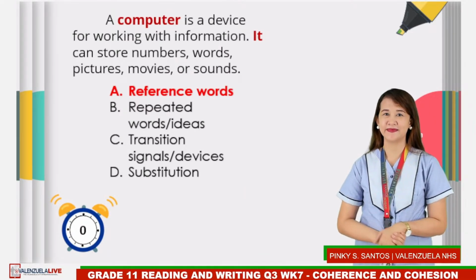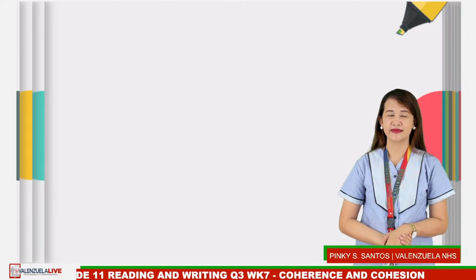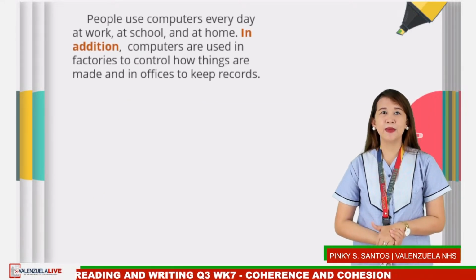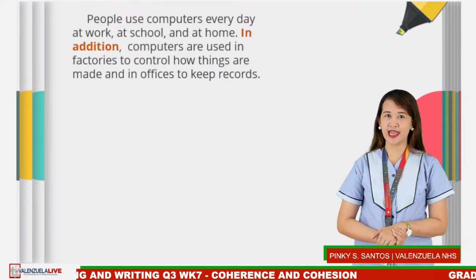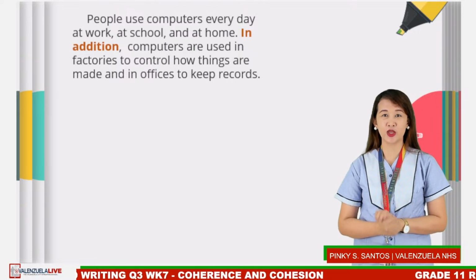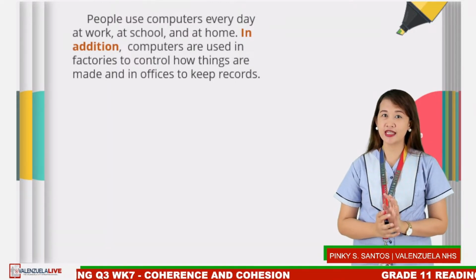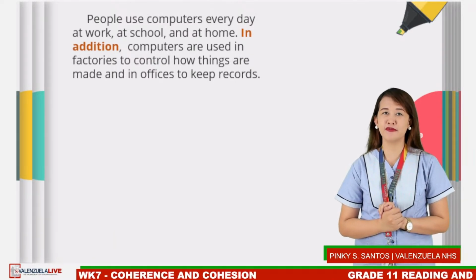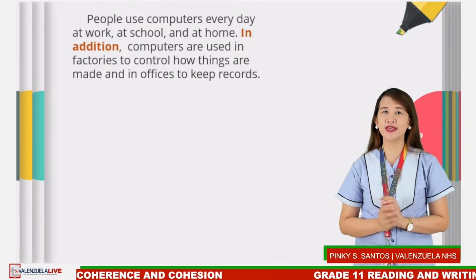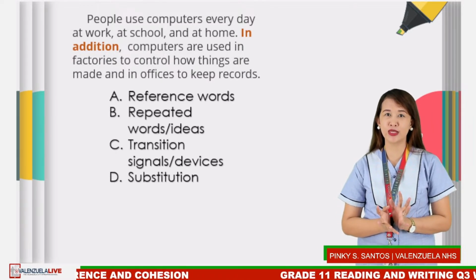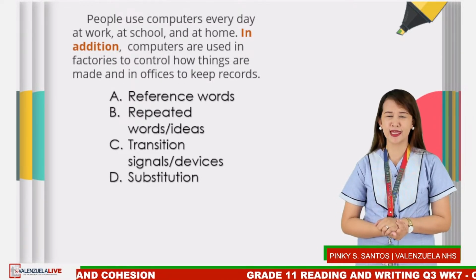Next, people use computers every day at work, at school, and at home. In addition, computers are used in factories to control how things are made and in offices to keep records. What do you think is the answer?